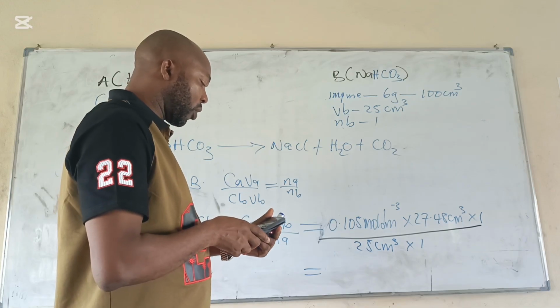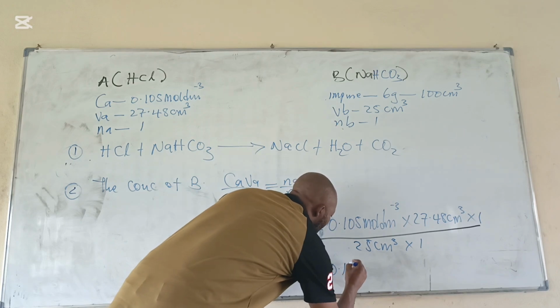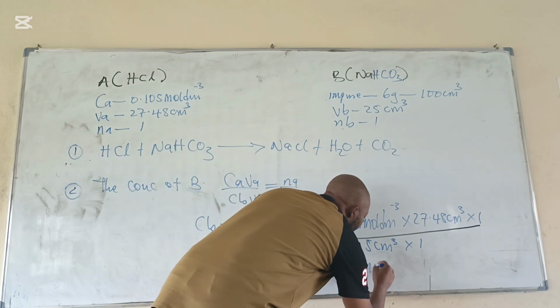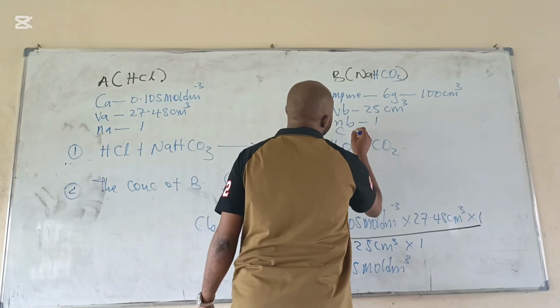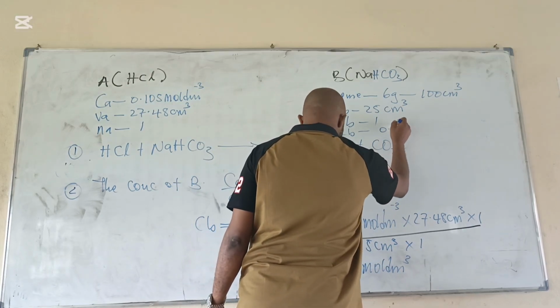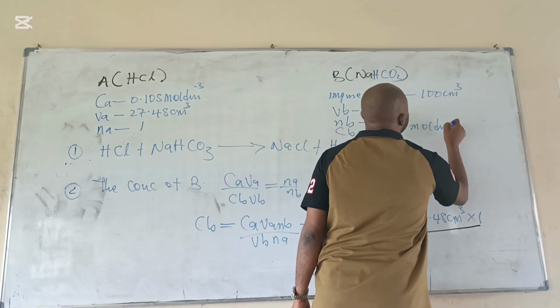This is 0.115. So I have 0.115 mole per dm cube of B. So I can now say CB is 0.115 mole per dm cube.